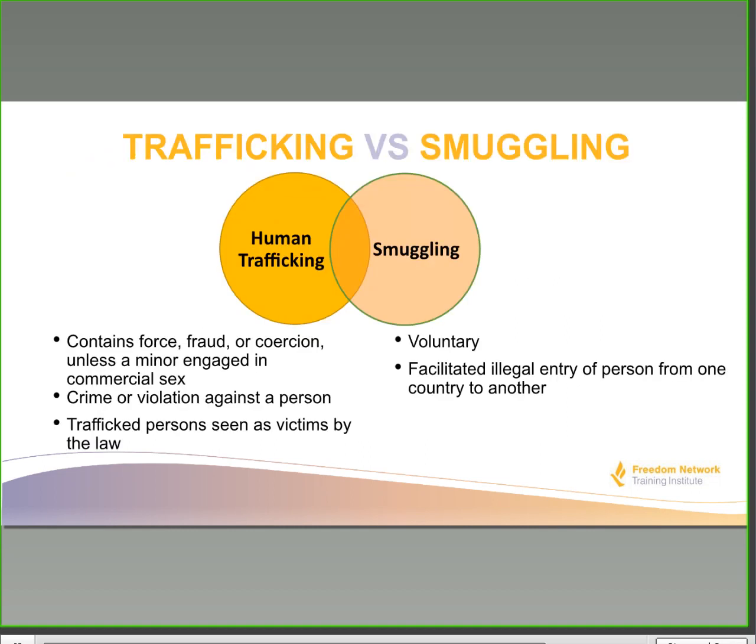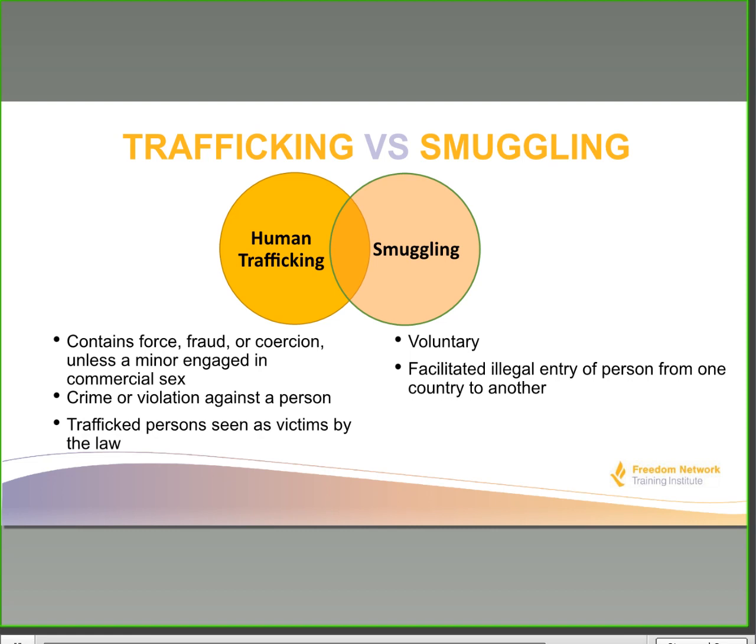So again, a very important slide, because I think that oftentimes this is another myth, in that people will use the terms trafficking and smuggling interchangeably. And again, with trafficking, we're looking for the three major elements of force, fraud, or coercion, unless a minor is engaged in commercial sex. Human trafficking also involves a crime or a violation against another person.